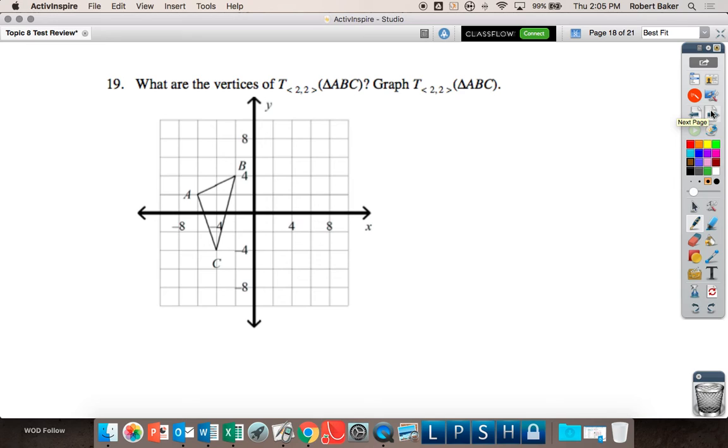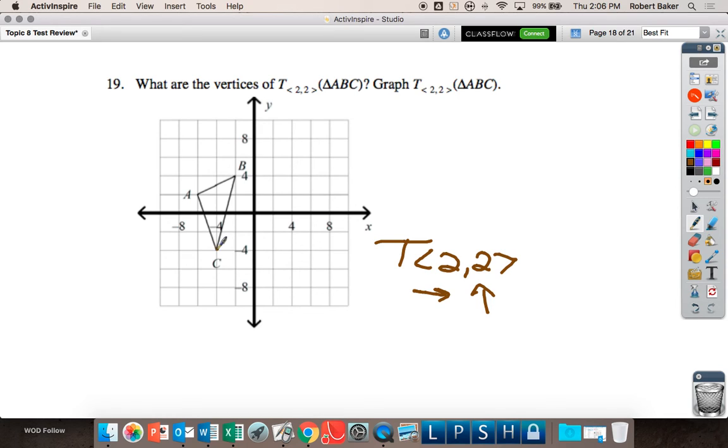Can you do a slide that's 2, 2? It says T2, comma 2. Can you do that slide? Yeah. So what does that T2, 2 mean? Right 2, up 2.